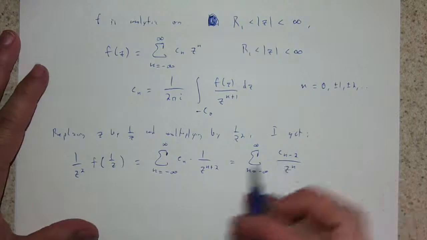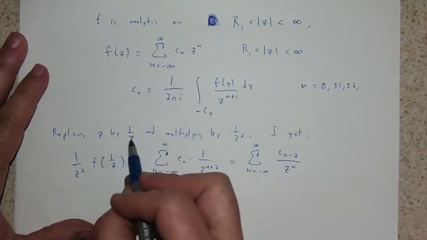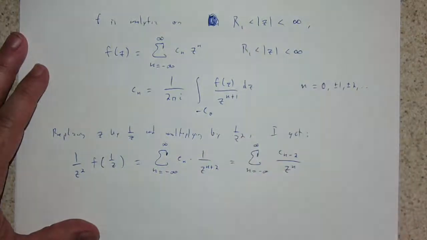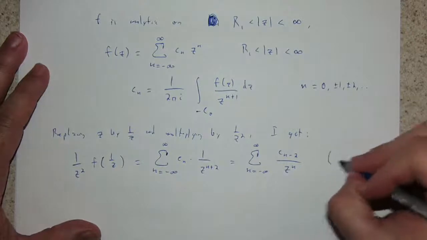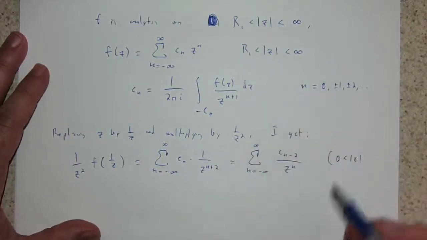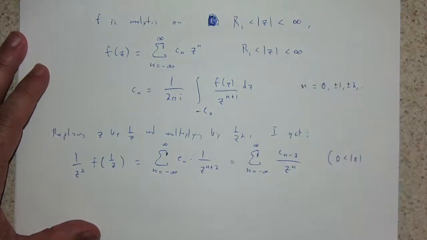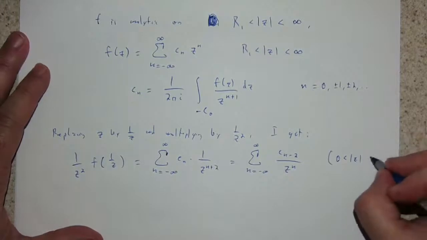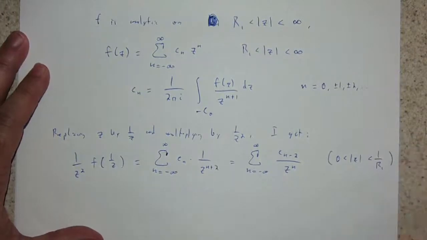And since I've gone from z to 1 over z, and I was in this region, now I'm in the region where modulus of z is between, inverting infinity, that's 0, and inverting r sub 1, that's 1 over r sub 1. Okay.